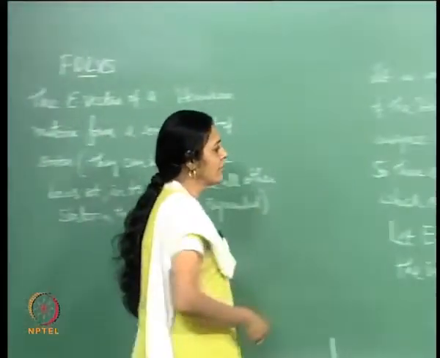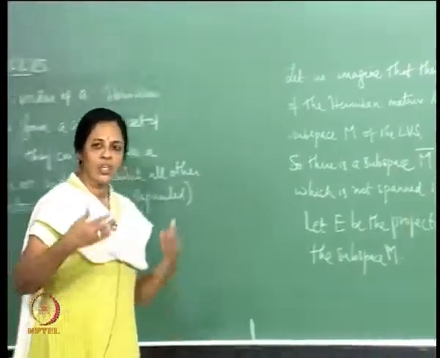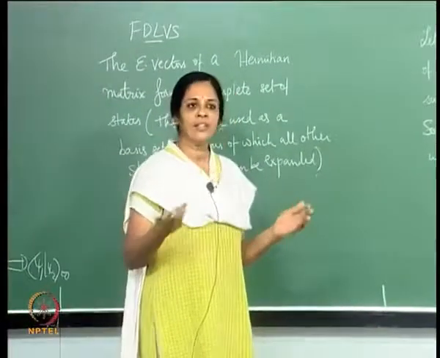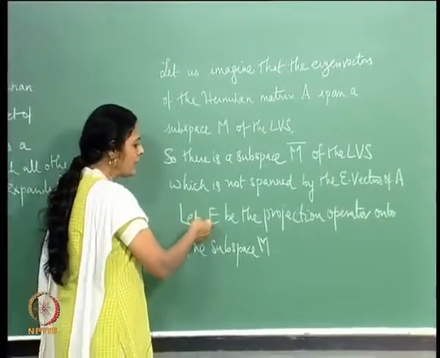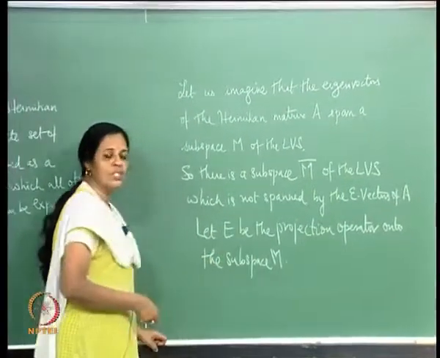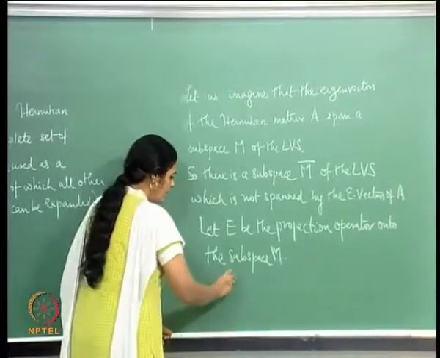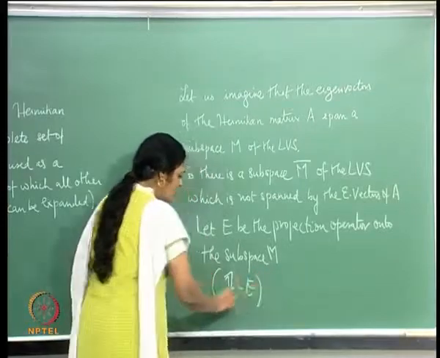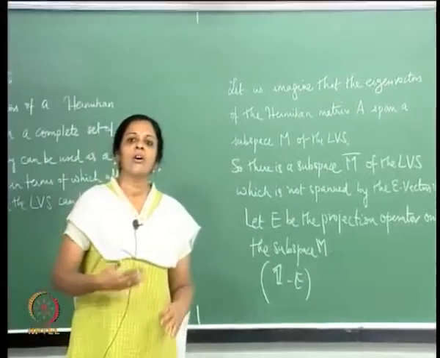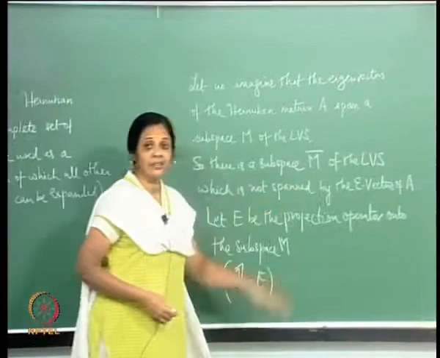So here we have a situation where we do not have just 2 basis states, but in general we have many states spanning the space. Now let E be the projection operator onto the subspace M. Then surely identity minus E is the projection operator onto the subspace M bar.